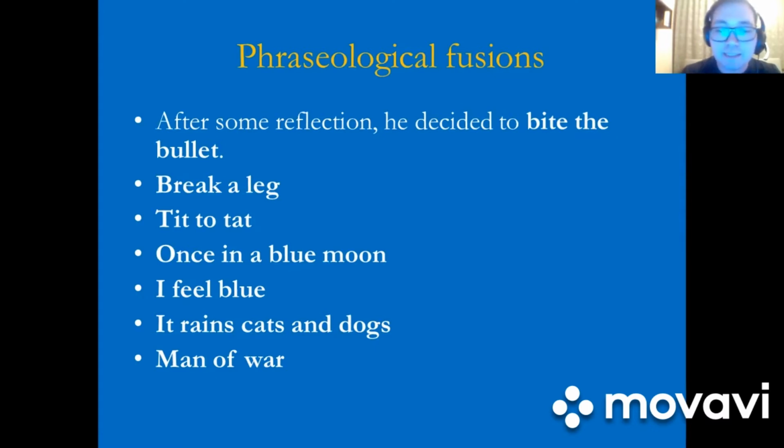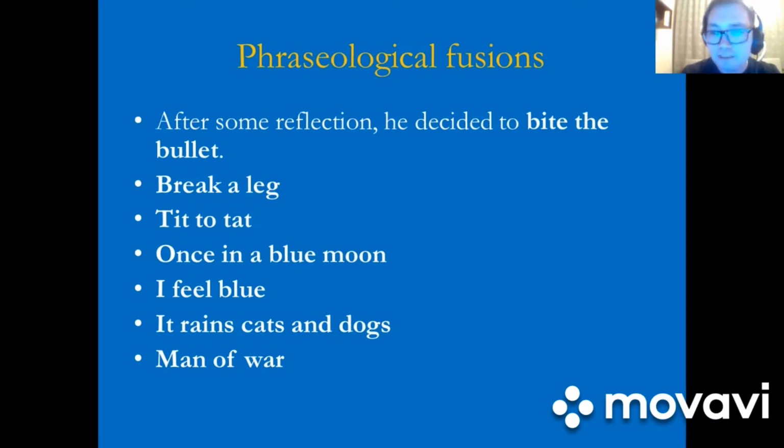Or it rains cats and dogs. That means it's raining hard. But again, we cannot see any connection between those animals, cats and dogs, and the type of rain. The logic of that is not obvious.